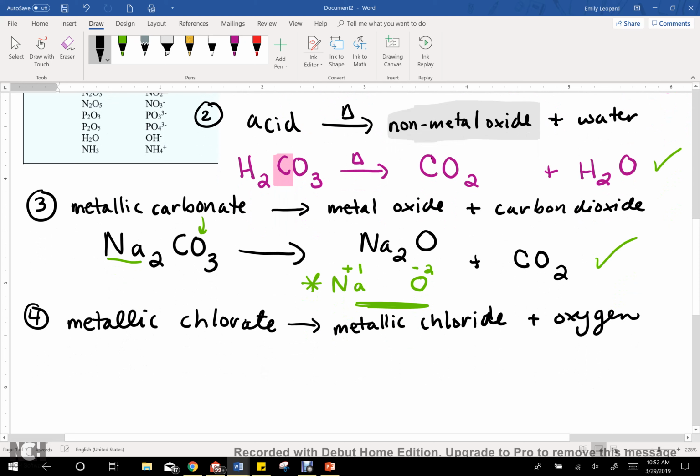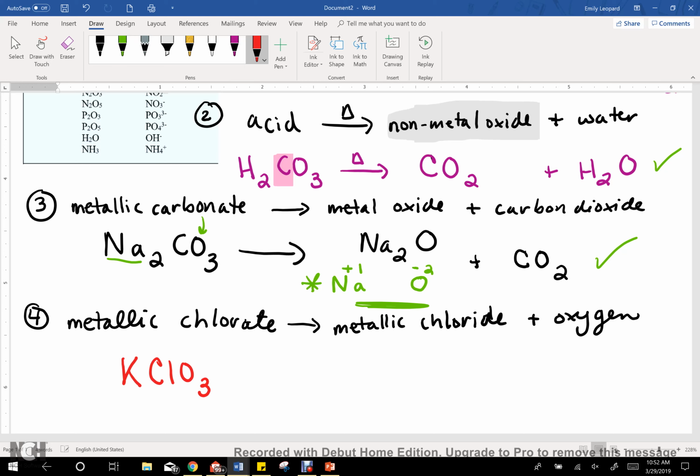Okay, so again, I'll provide the reactant and then you guys will give me the products. So my metallic chlorate, let's see what metal do we want to go with this time. Let's just pick potassium maybe. And then again, chlorate is my polyatomic ion, ClO3.